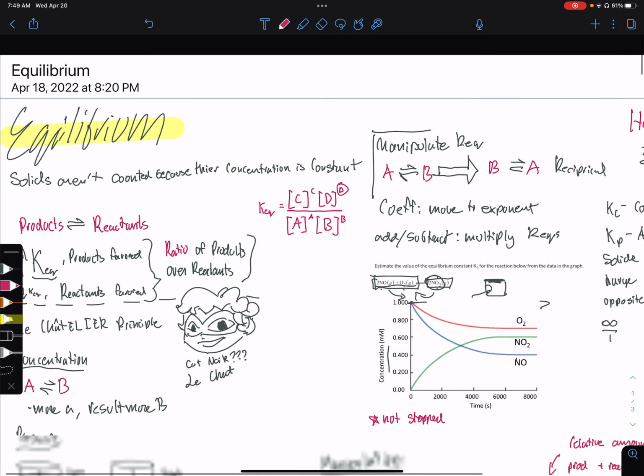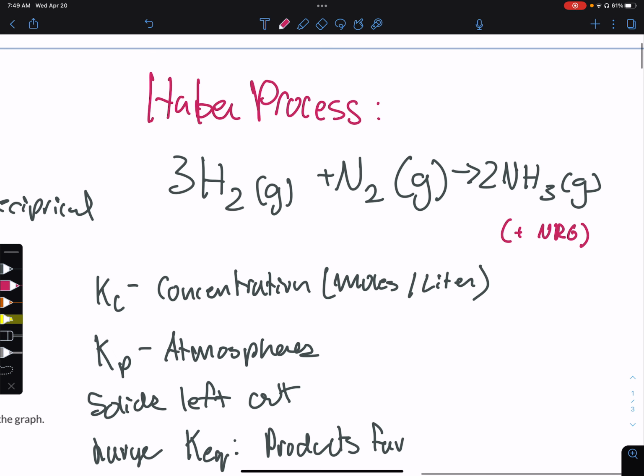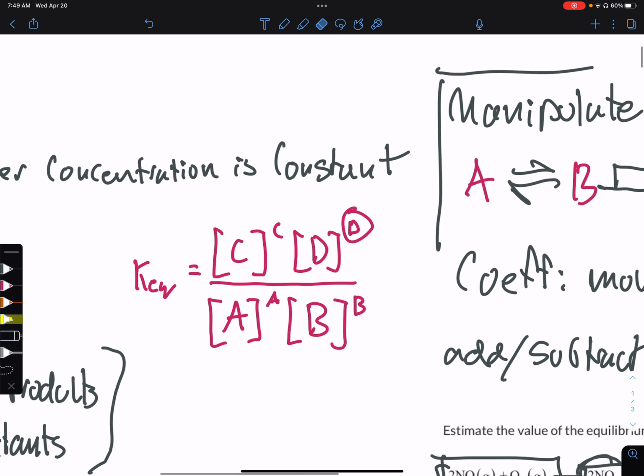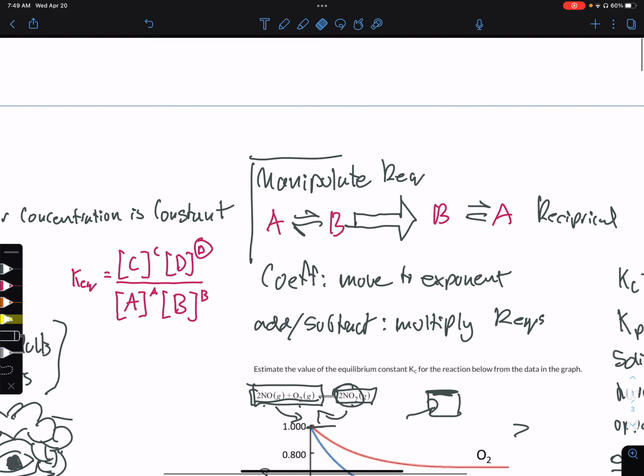Don't worry. So we have a really nice process here called the Haber process, which explains a lot of this unit. You can write this expression for any back and forth equilibrium process like this.